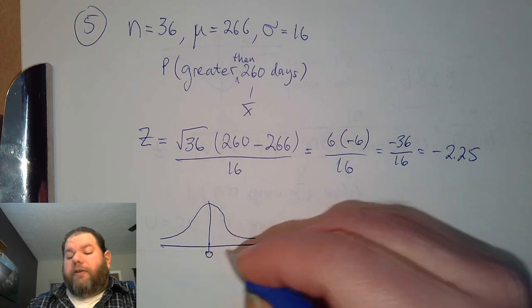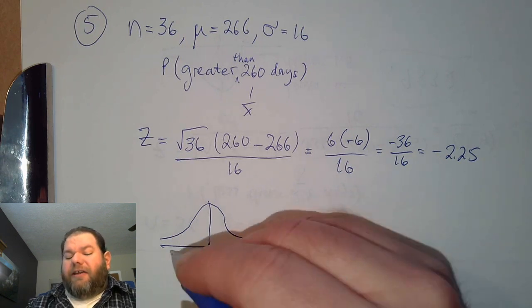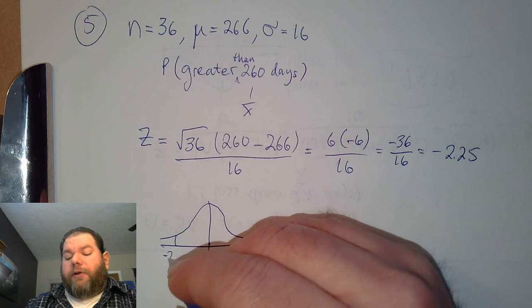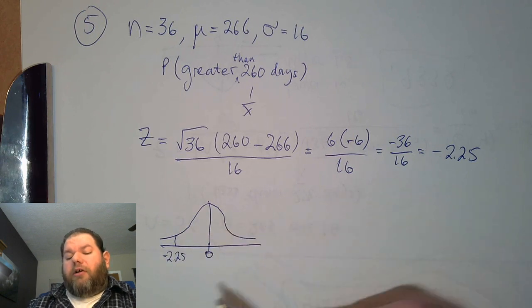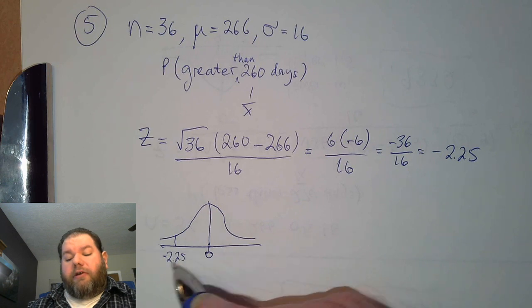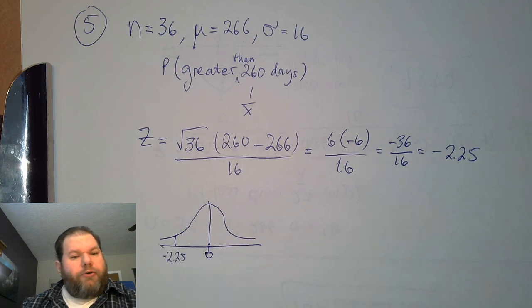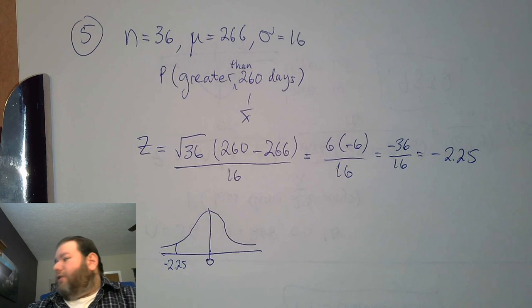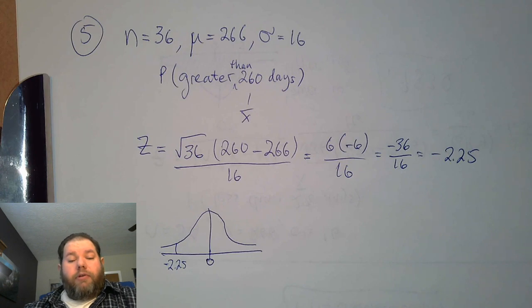My graphs are not as symmetric as they need to be. Negative 2.25 is way over here. Generally our scale for these is about negative 3 to 3, so I try to draw my lines accordingly. But again, it doesn't have to be perfect. As long as we get it on the correct side and have a general idea of what we're looking at, we should be fine.